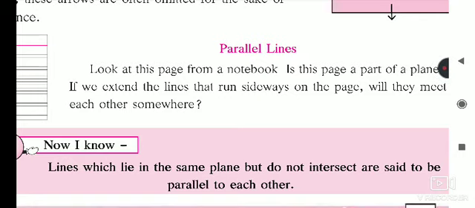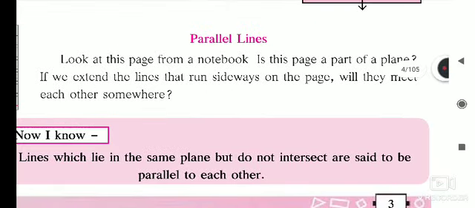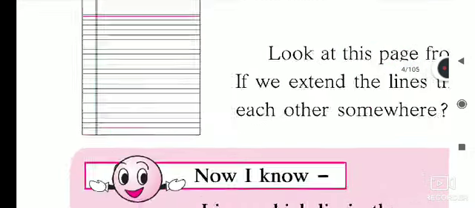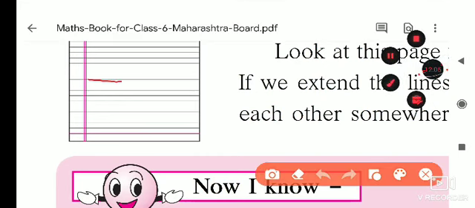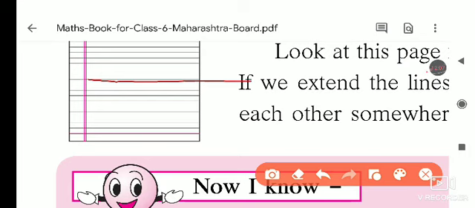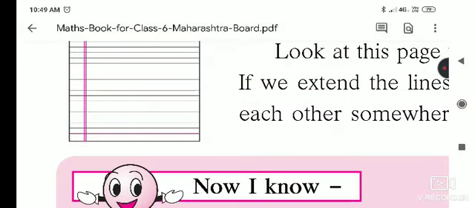After that we will see how they never meet each other. So what they told you here: look at this page from the notebook. In this page, which is part of the plane, we can extend the lines on either side. So suppose this is your notebook's page, and if I extend this line, then what happens? It goes parallel, but they do not intersect each other.